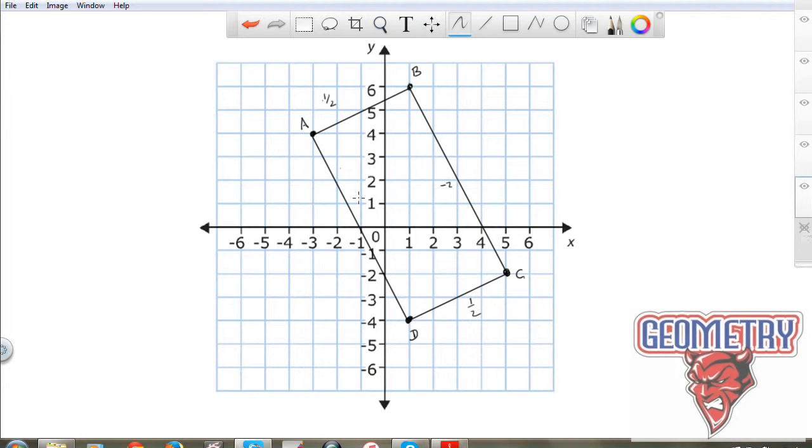Let's double check to make sure that AD has the same slope. 1, 2, 3, 4, 5, 6, 7, 8 is the vertical distance, and 1, 2, 3, 4 is the horizontal. Again it's -2, the negative slope, so it checks out. So yes, we have proved that it is a rectangle because the opposite sides are parallel and the adjacent sides are perpendicular. We can tell by the slopes, so therefore those are all right angles.